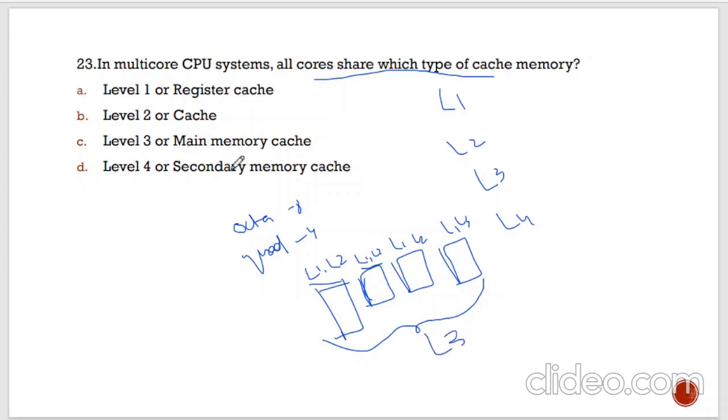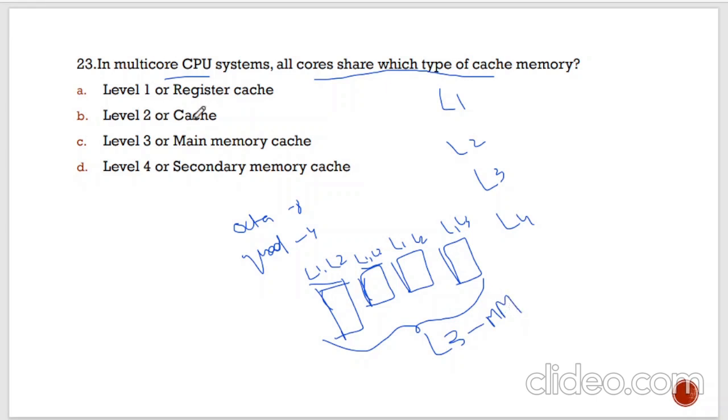What does it mean? Each core of the CPU has its own registers and its own cache, but all the cores of the processor have main memory in common.